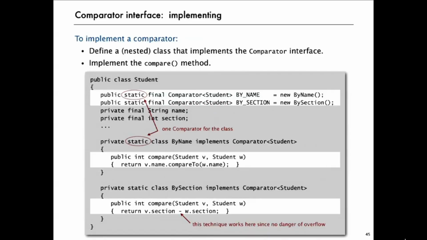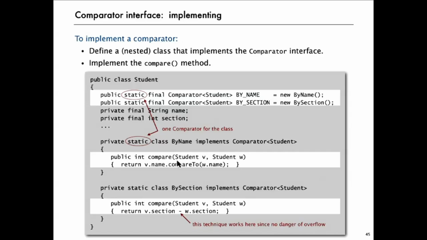It's easy to convert any of our implementations to support comparators. To implement a comparator, you can use this code as a model. I won't go through it all in detail, just to point out that this implements two different comparators as nested classes. So, say for this fictional class student that's got two instance variables, name and section. And the first one, called by name, implements a comparator for students.